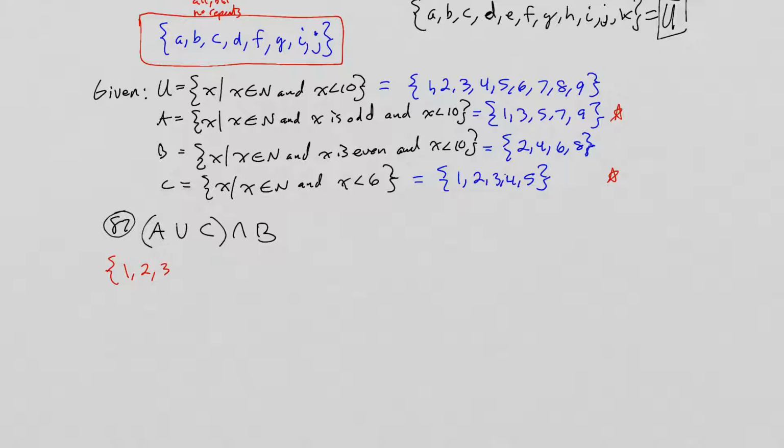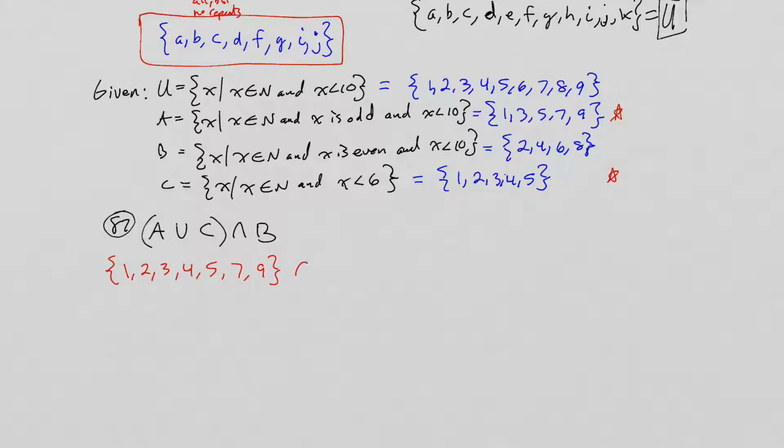Well, C is actually 1 through 5, so 1 through 5. And is there a 6 in A? Nope. Is there a 7 in A? Yes. Is there a 9 in A? Yes. And that is the combination of A and C with no repeats. So it's 1, 2, 3, 4, 5, 7, 9.